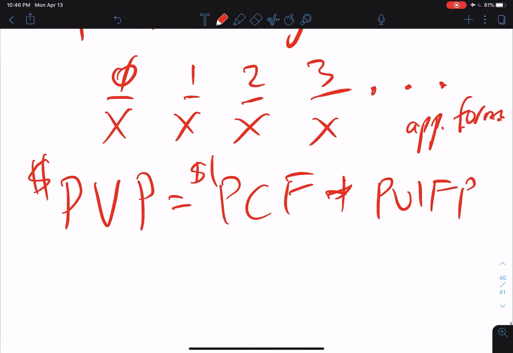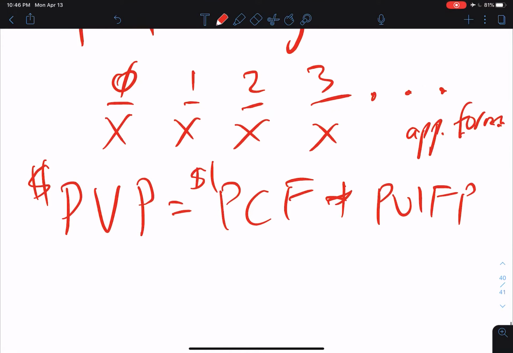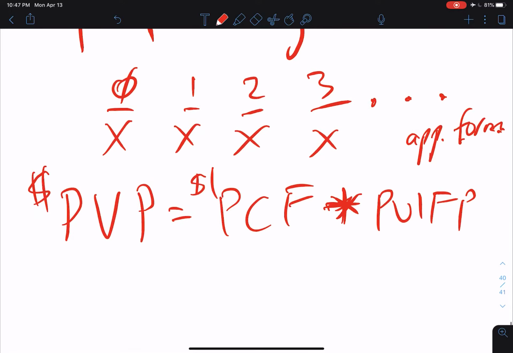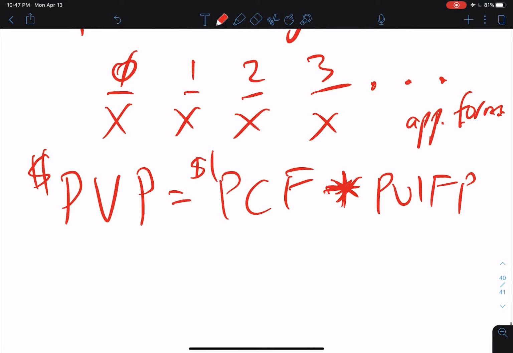So, kind of easy, in that the concept I developed for you in the last video with the present value interest factor for an annuity, the same idea applies here in developing this.